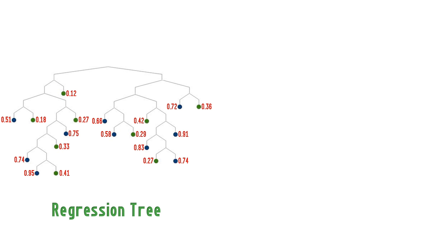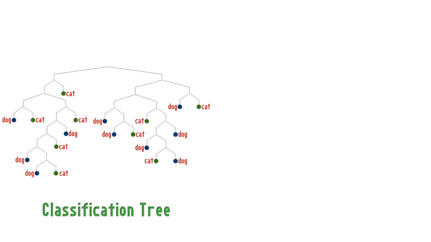Decision trees where the class values are real numbers are called regression trees. Tree models where the class label can take a finite set of values are called classification trees. We'll be discussing a binary classification tree.